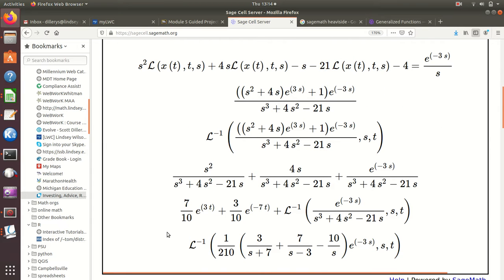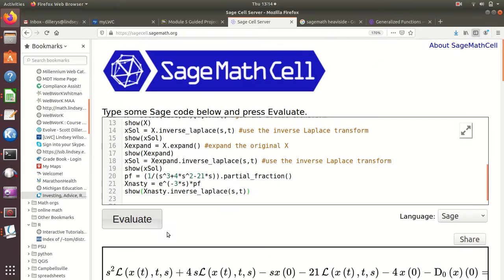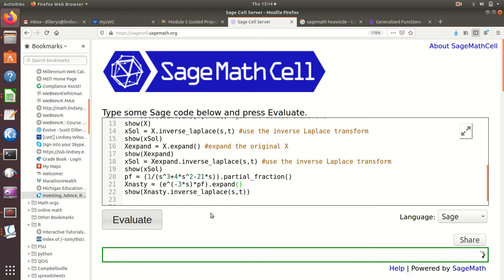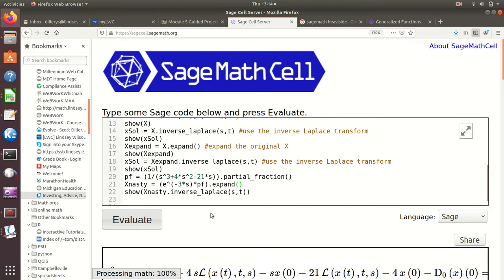And you see it still didn't do it. Bummer. Okay, well, one more try. We'll do that nasty part dot expand. Now see if it'll do that inverse Laplace transform.